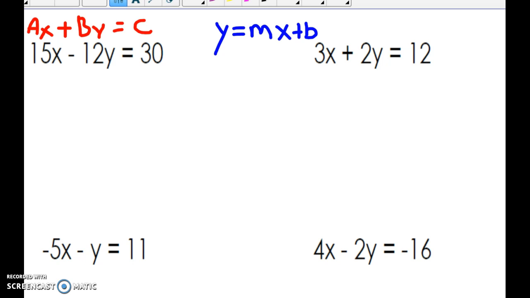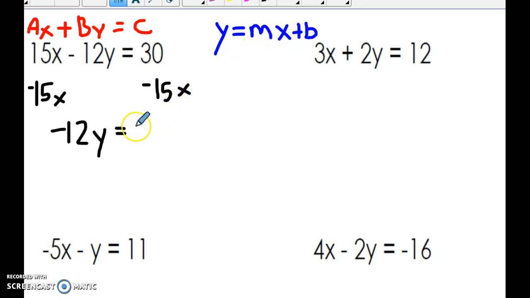Okay, so the first thing we're going to want to do is subtract 15x from both sides. And so that's going to leave me with negative 12y over here, because that minus 12 makes it negative 12y. And I could write this as 30 minus 15x, but I know that I want it to be in mx plus b form, so I'm just going to go ahead and write negative 15x plus 30.